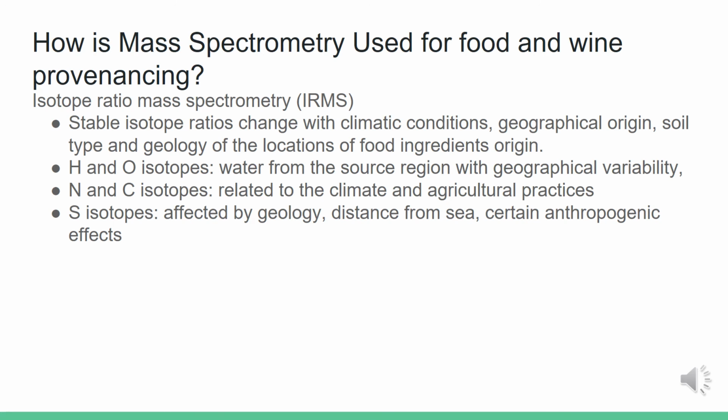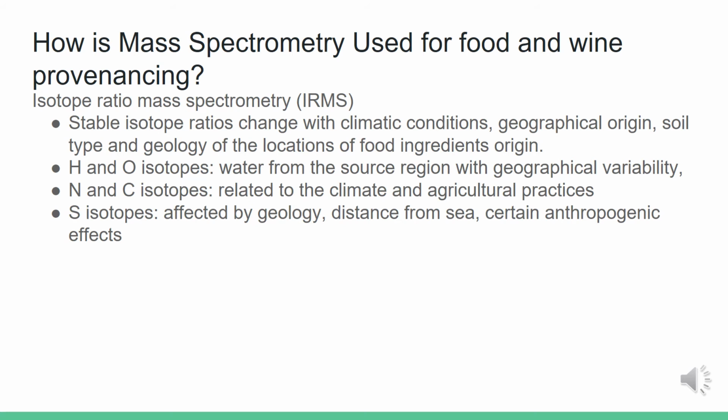IRMS is a technique where the isotope ratios are analyzed using mass spectroscopic techniques. Stable isotope ratios change with the climatic conditions, geographical origin, soil type, and geology of the locations of the food's origin, hence why isotopic ratios are applicable to food authentication.